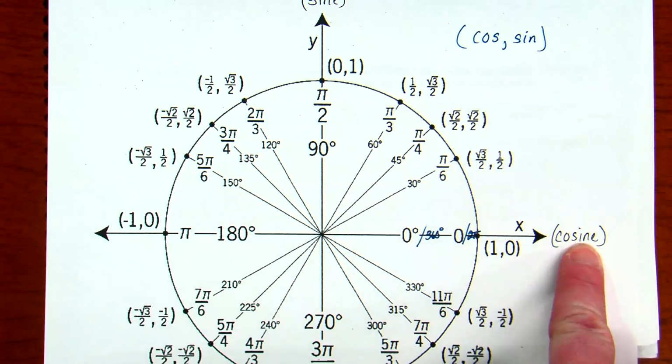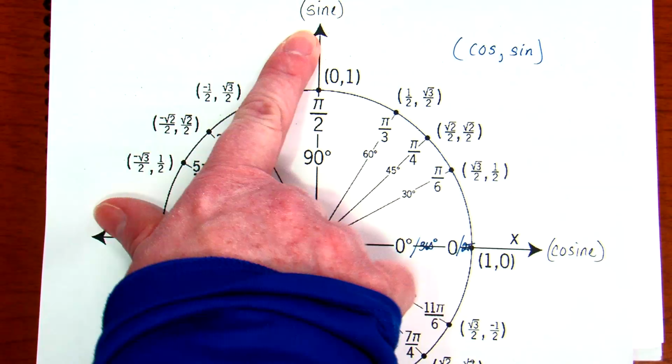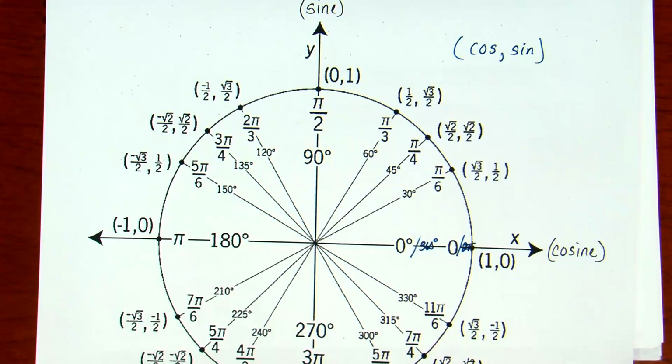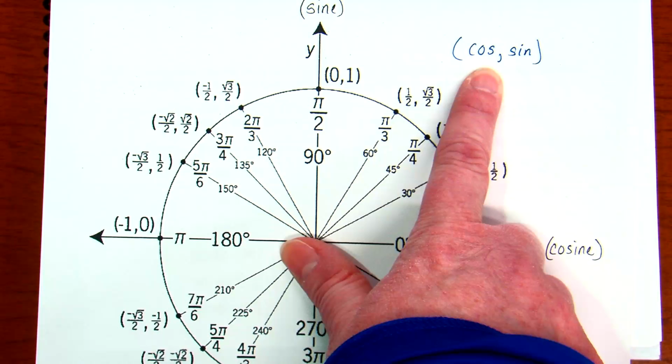Why did I put sine up here at the top of the y-axis? Because the y value is the sine value. So if you're looking at an ordered pair, the x value is the cosine value, the y value is the sine value. Now, you will notice I wrote an ordered pair here. You're welcome to do the same. Just a reminder that an ordered pair is cosine, comma, sine.